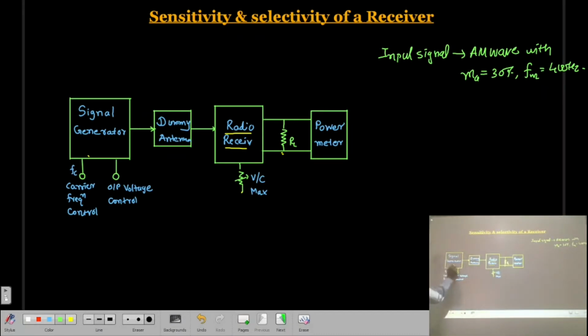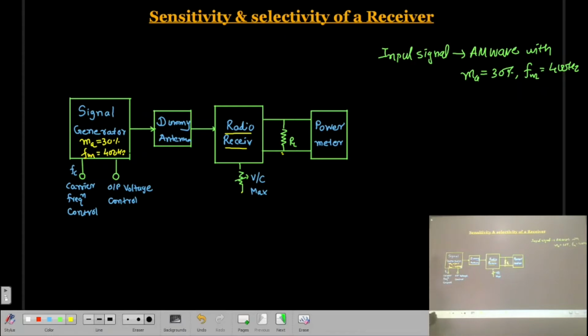So, here in the signal generator, we have to set a modulation index of 30% and a modulating frequency of 400 hertz. Correct? So this setting is required.